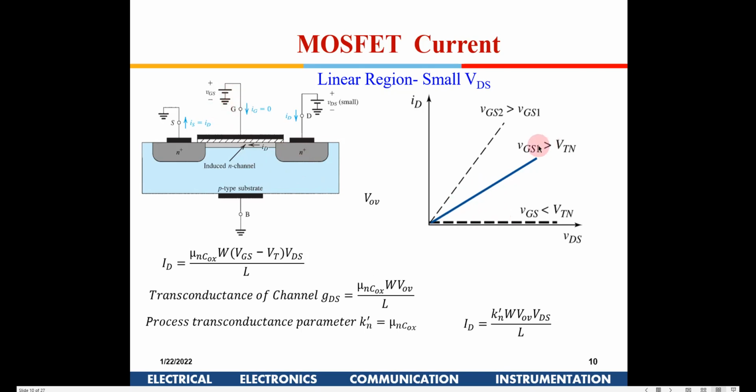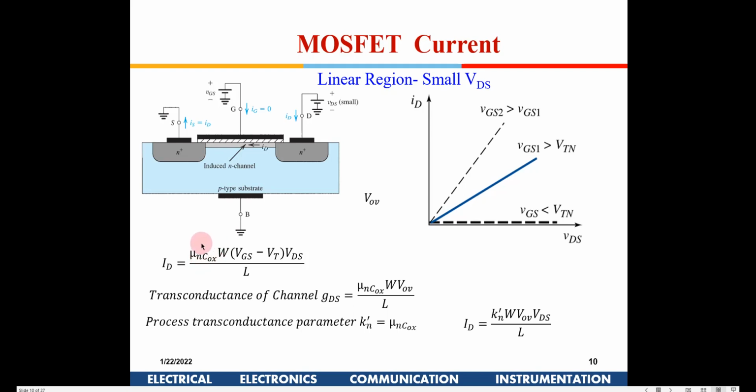So this is the plot between ID and VDS, and mu n and COX we generally call the transconductance parameter Kn dash, because this depends on the technology, and as a circuit designer I don't have a role. The one who designs the device has control of mu n and COX.